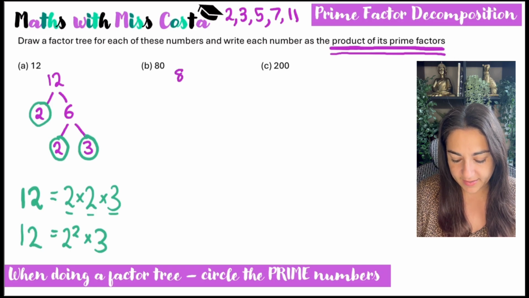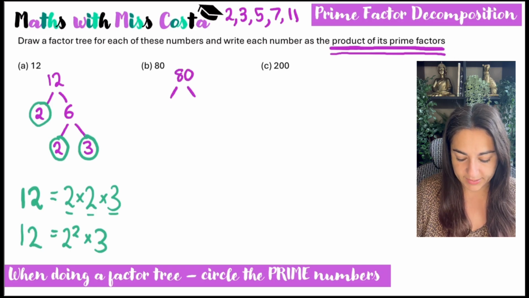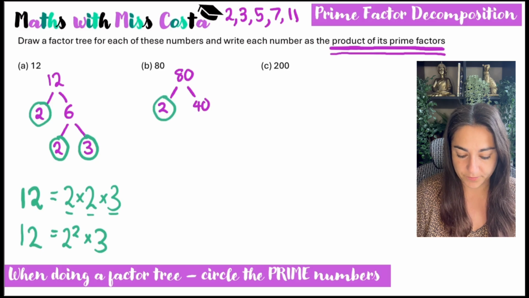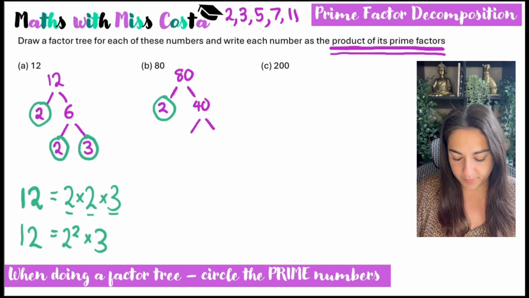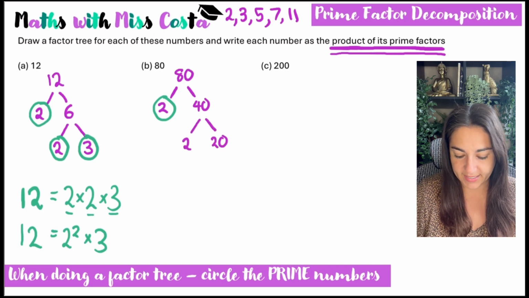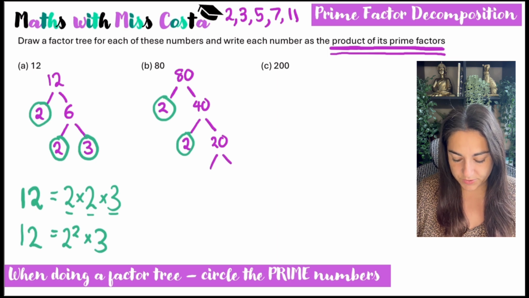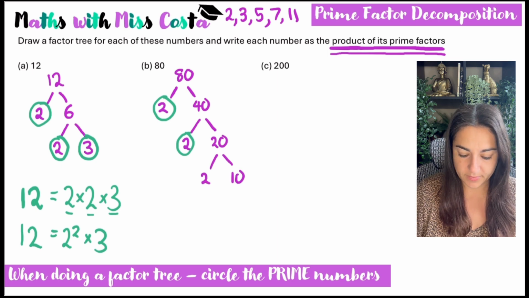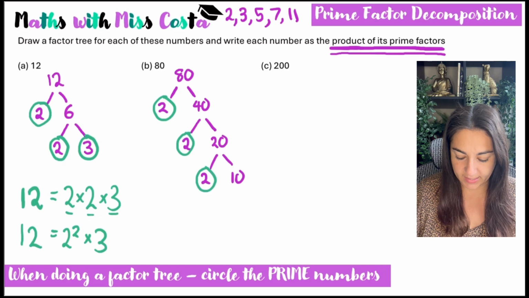So 80, let's start with 2. So 2 is going to go there. 2 times 40 gives me 80. I'm going to circle the 2. Then let's split 40 up. 2 times 20 gives me 40. Then let's do it again. 2 times 10, which gives me another prime number.